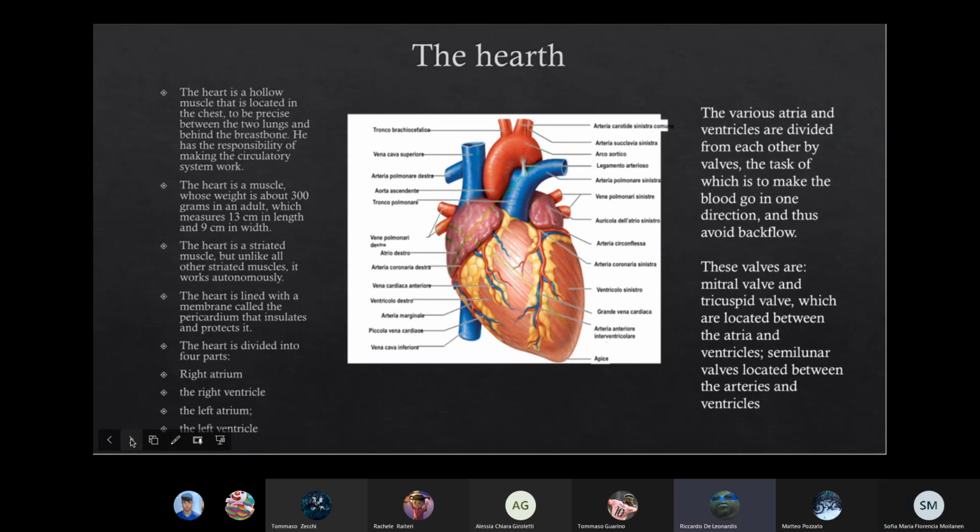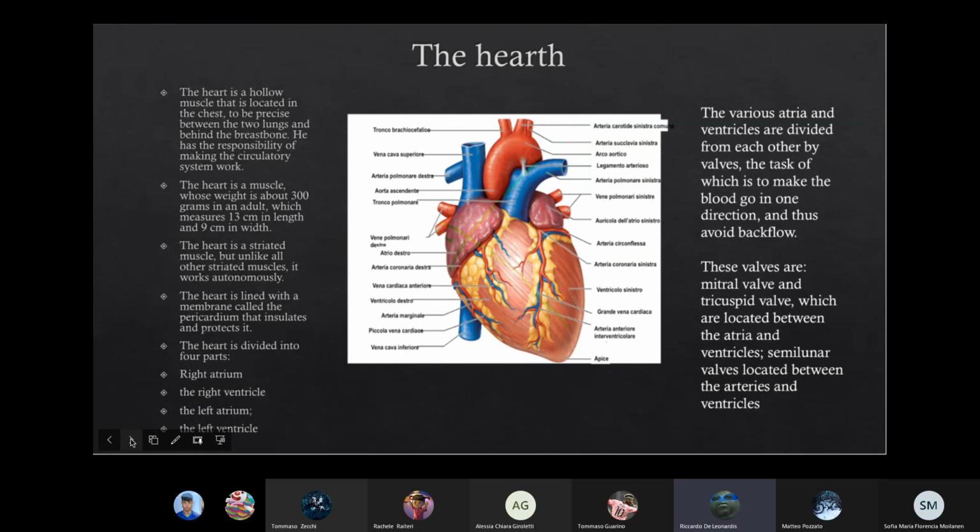The heart is also a striated muscle, but unlike all others, it works autonomously. The heart is also lined with a membrane called the pericardium that isolates and protects it.